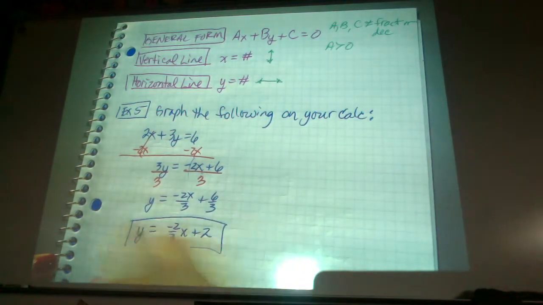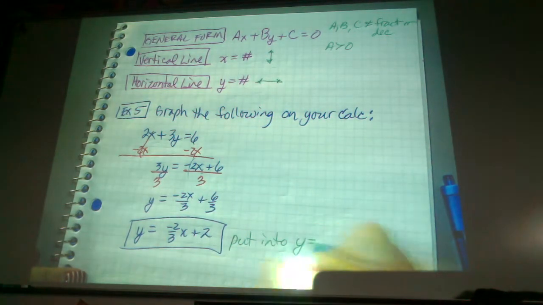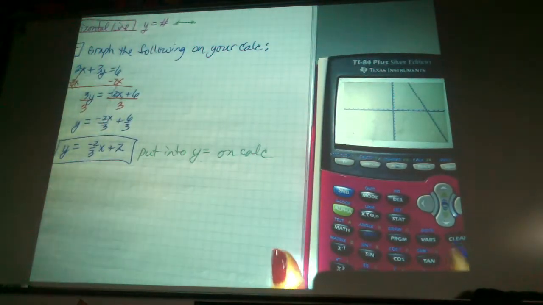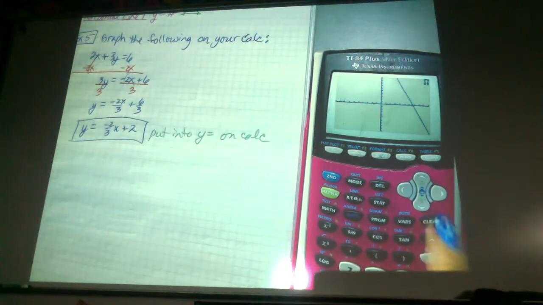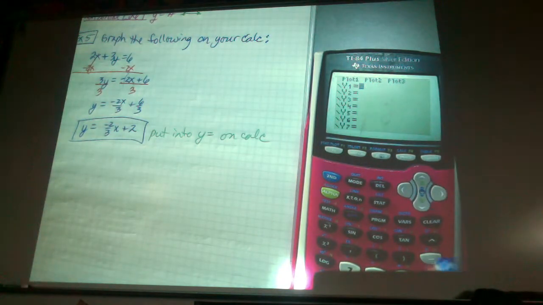So this is what I'm going to put in my calculator. So this gets put into y equals on the calculator. So on your calculator, glare off of there. I'm going to go into y equals, there we go. And remember if you use parentheses for that fraction, and then x plus 2.